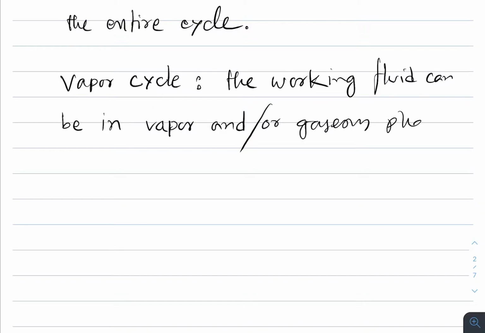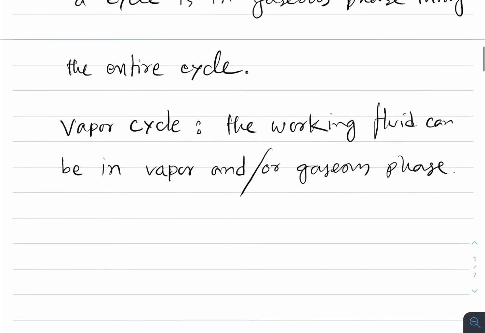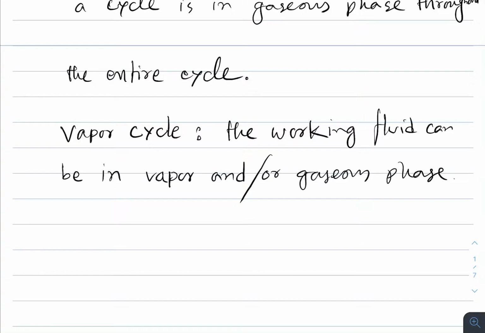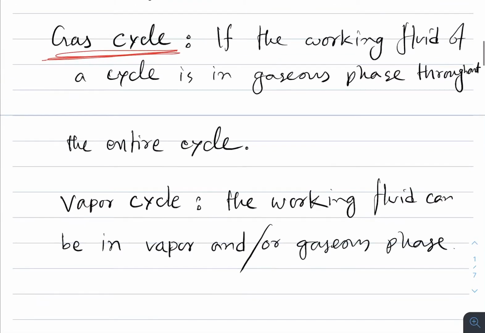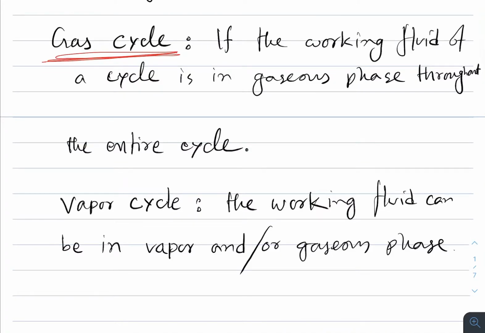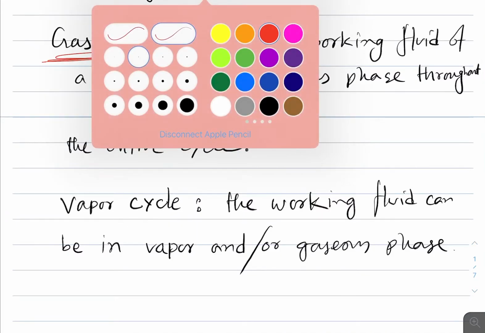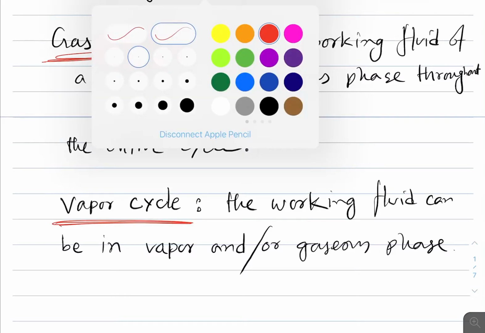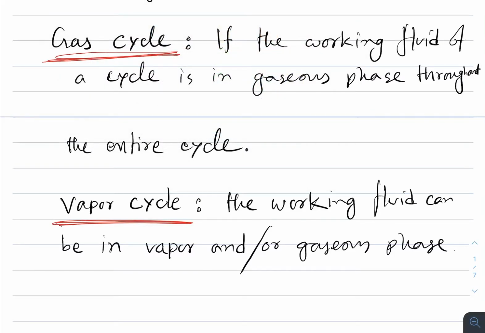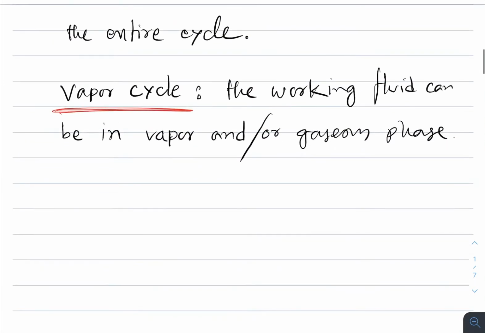Imagine water: it can be superheated vapor, in the gaseous phase, or it can be liquid or saturated liquid. So that's the difference between the gas cycle and the vapor cycle. And let me highlight it. So we basically defined the gas cycle and the vapor cycle.